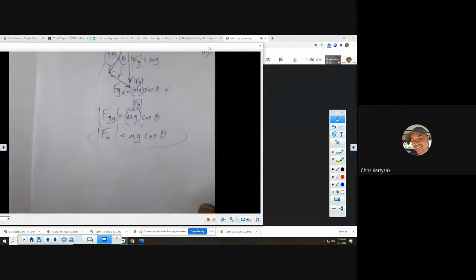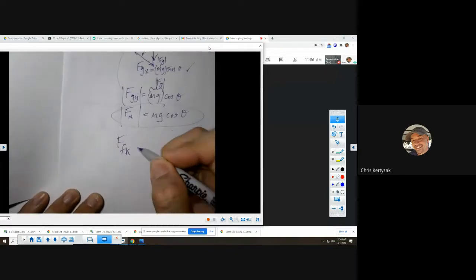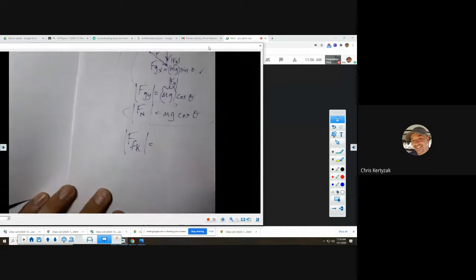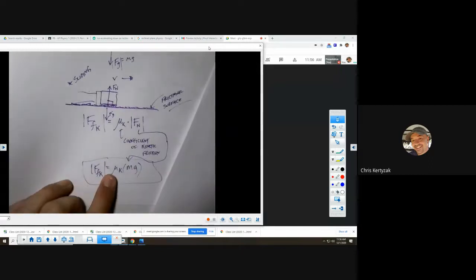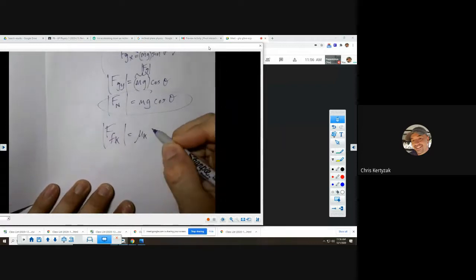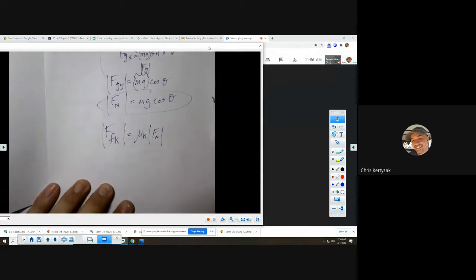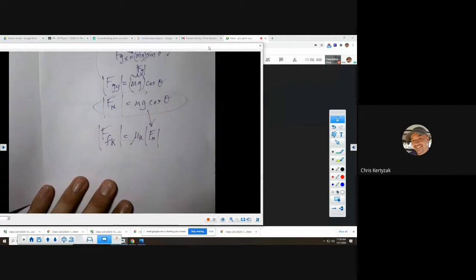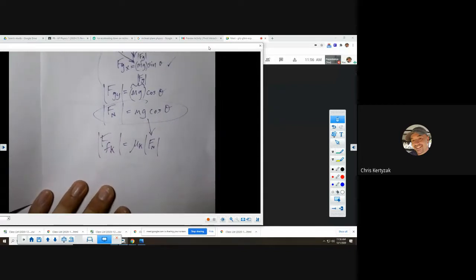And you'll see what that becomes now. The sliding frictional force in magnitude is again the coefficient of friction times the normal force. This is an expression for Fn.